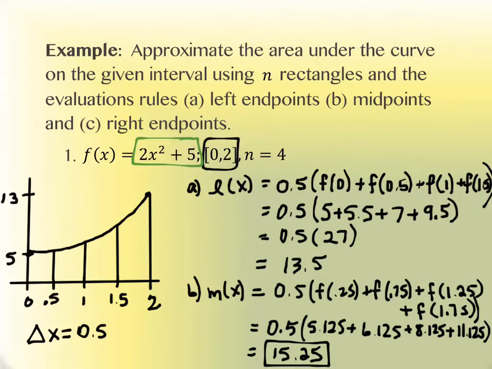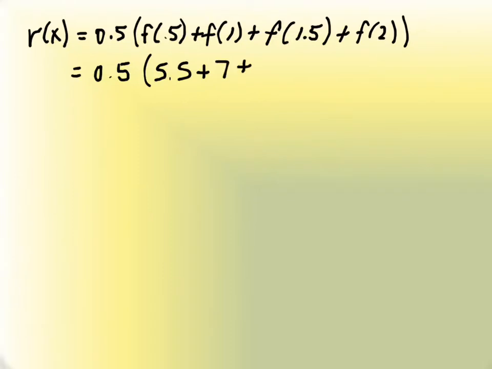So I'm going to do f of 0.5, f of 1, f of 1.5, and f of 2. And if you will notice, 3 of those 4 you've already found. If you're aware, you don't have to enter them again. 0.5 we found was 5.5. 1 we found was 7. 1.5 was 9.5. I do need to know f of 2. What was f of 2? 13. It was 13? All right.